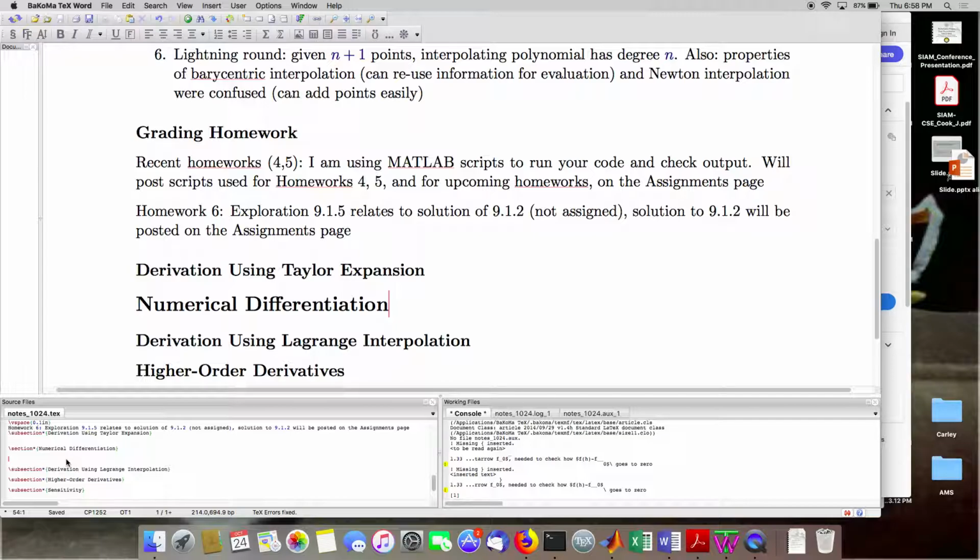Now, new chapter, new problem. Numerical differentiation.